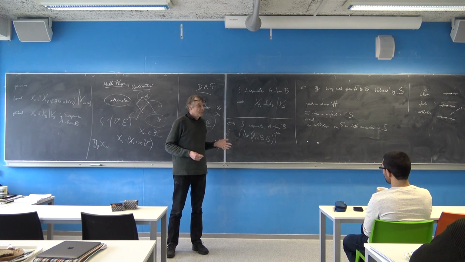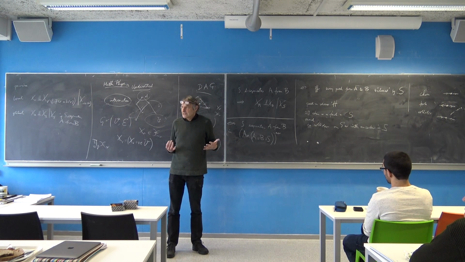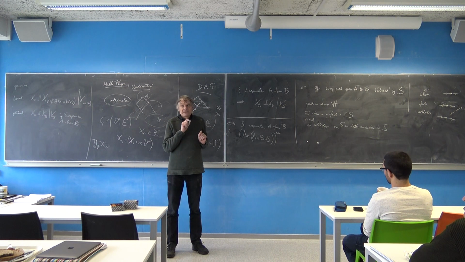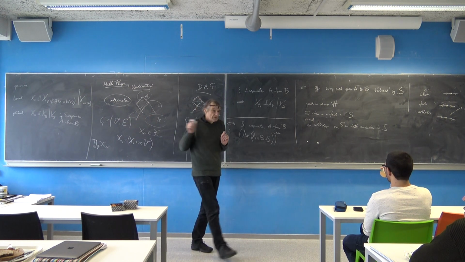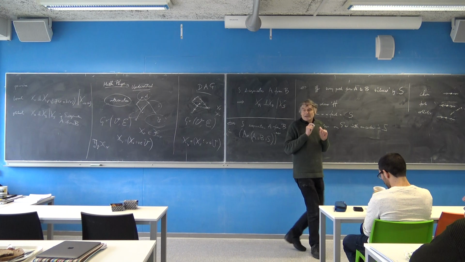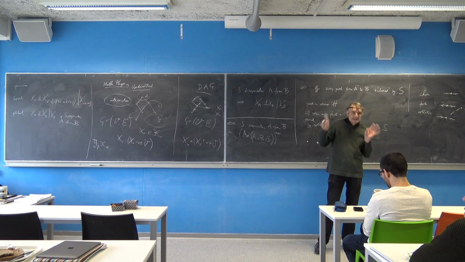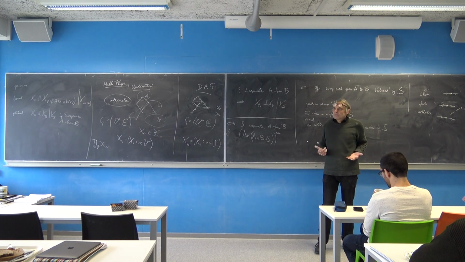So in particular, in the case when all probability densities are positive, that means there are no zeros in the joint probability of all variables, so there are no combined outcomes which are impossible.